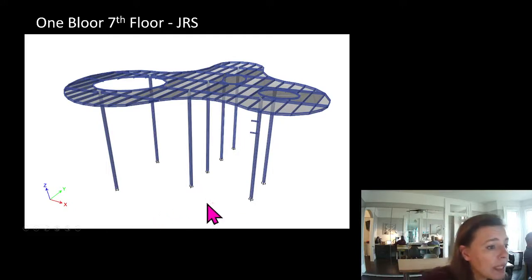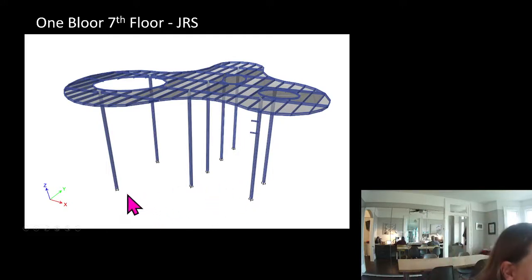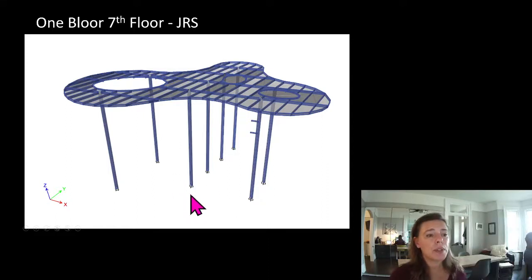We had the opportunity to moment connect the bases, and we moment connected these columns to the upper elements.